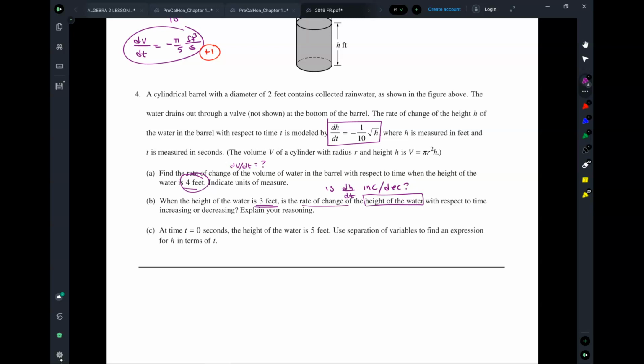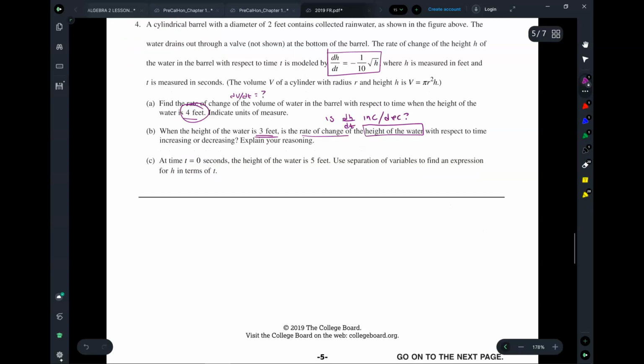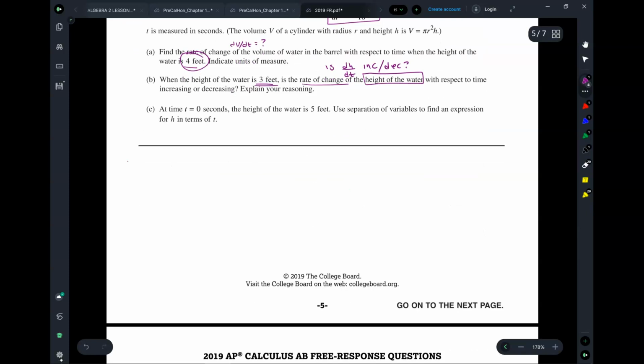Okay? So part B, we want to take d/dt of dH/dt. That's d squared h/dt squared.